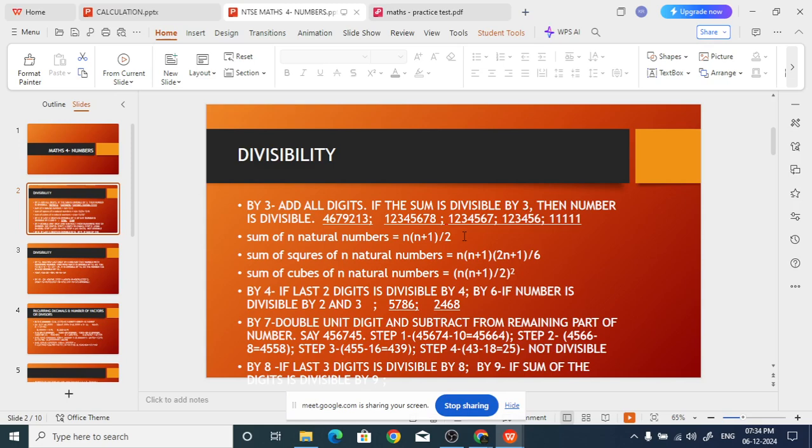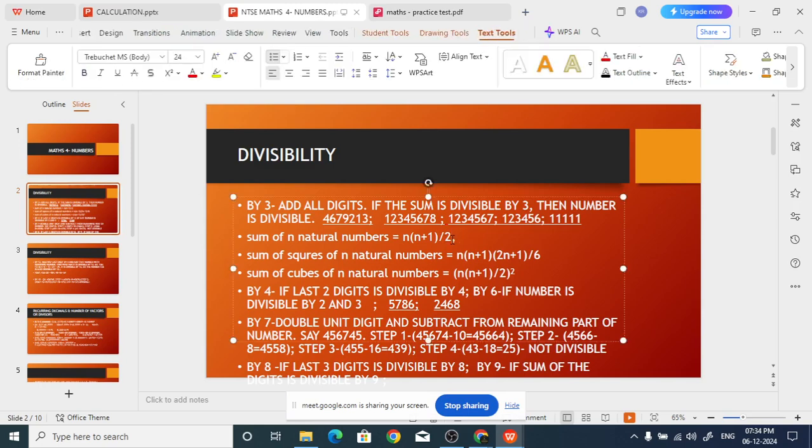Suppose they give the natural numbers 1, 2, 3, 4, 5, 6, 7, 8 up to 100, and you want to find whether this sum is divisible by 3 or not. We use this formula: 100 into 101 divided by 2. That is 101 into 50.